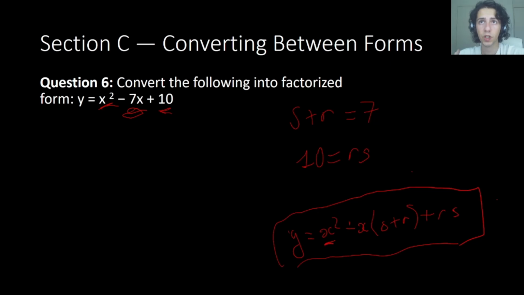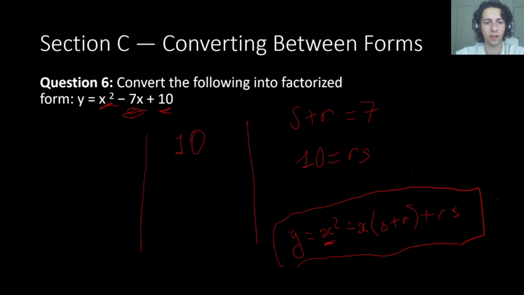Now, what we can do to make this a little simpler is break it down into some columns. We want to look at 10 and see all the different ways we can get whole numbers to multiply to 10, and see if any of those two whole numbers gives us a sum of 7, because remember, we just have r and s.